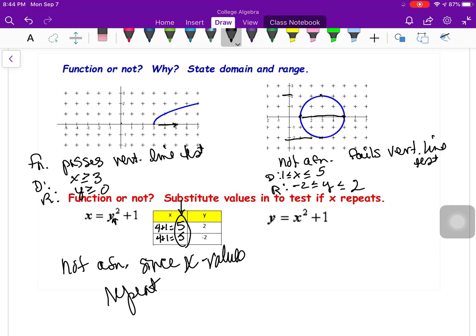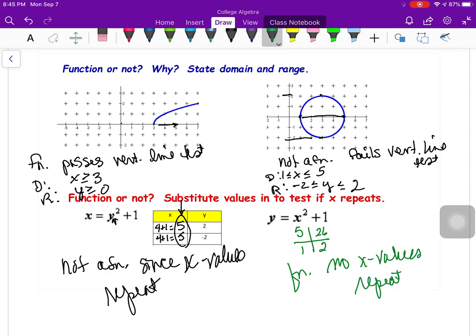But how about if it's y equals x squared plus 1? Well, if I put 5 in there, I would get 25 plus 1 is 26. If I put 1 in there, I get 2. Every time I'm putting in a different x, so it is a function because no x values repeat.